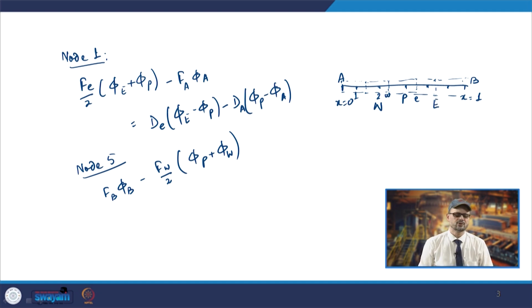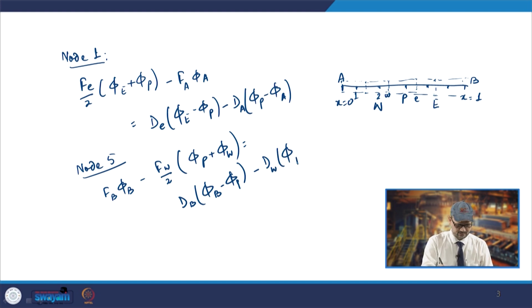So, once you go to the fifth node, you will have Fb phi b minus Fw by 2 (phi p plus phi w), equal to Db times (phi b minus phi p), and similarly Dw times (phi p minus phi w).